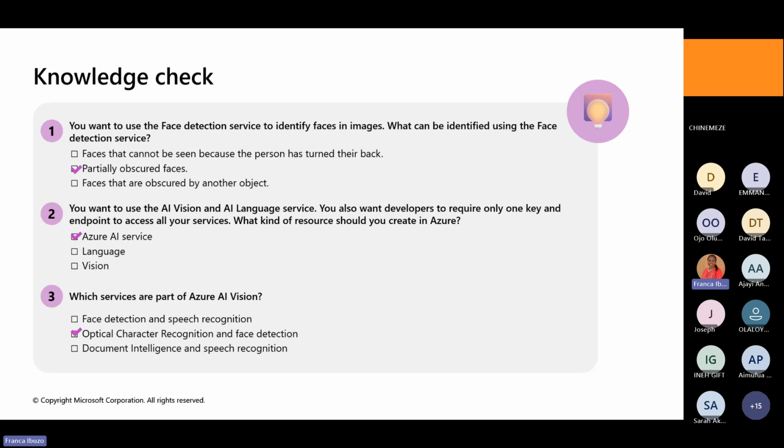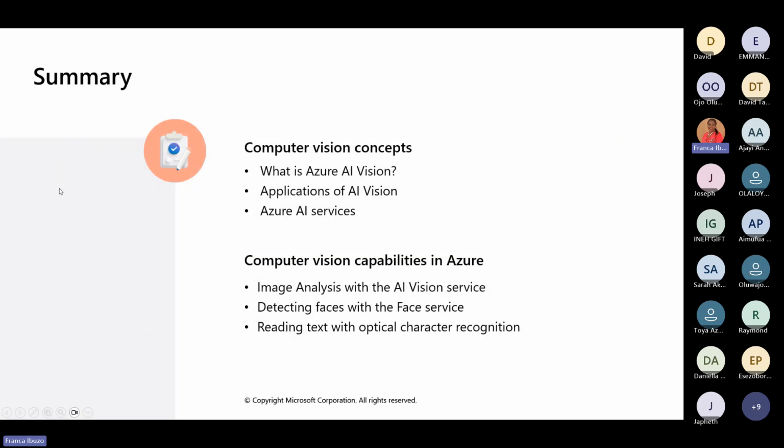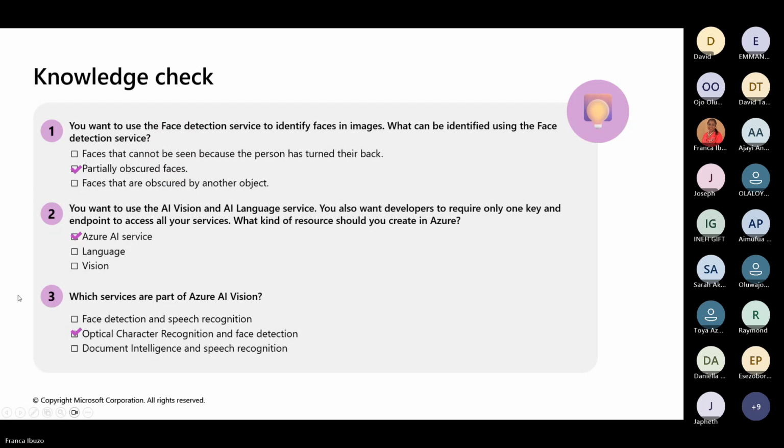And it says partially obscured faces. And we all agree with him. Okay, these ones were marked mistakenly. Let's go back there. I'm not saying these are the right answers. It was marked mistakenly. So who wants to take the second one?